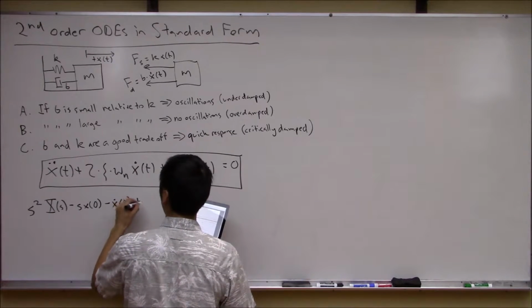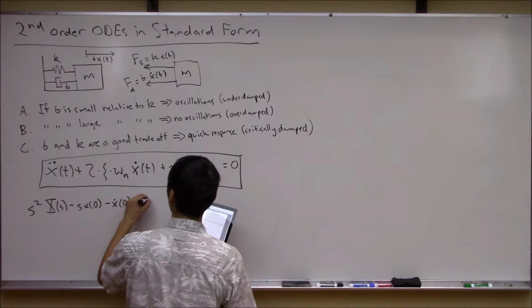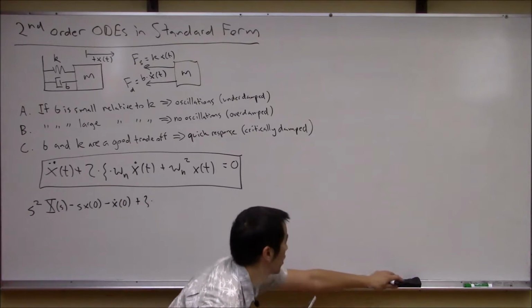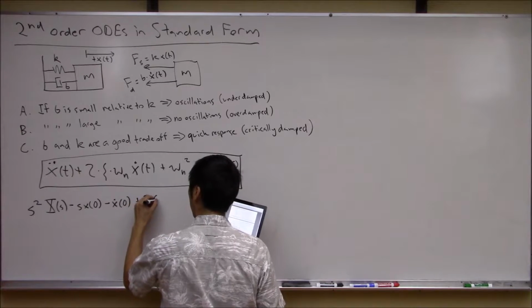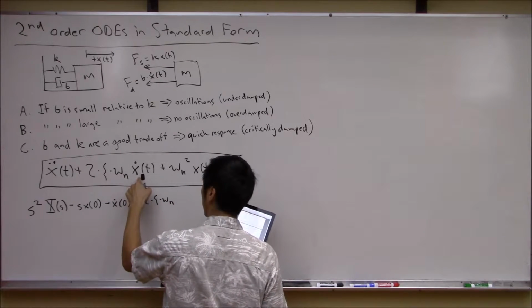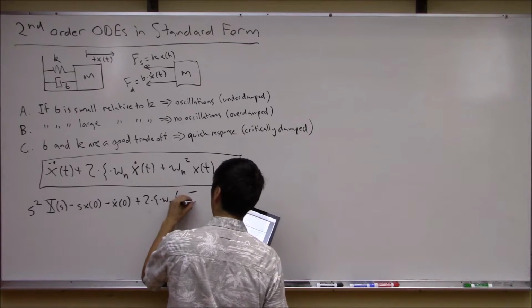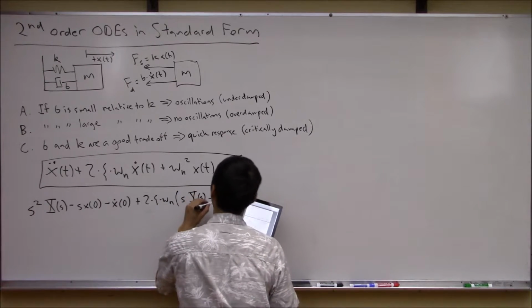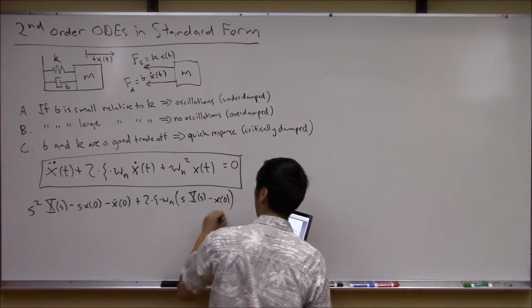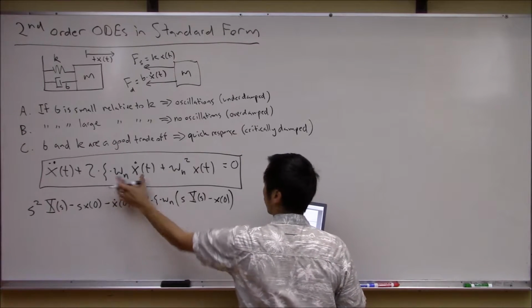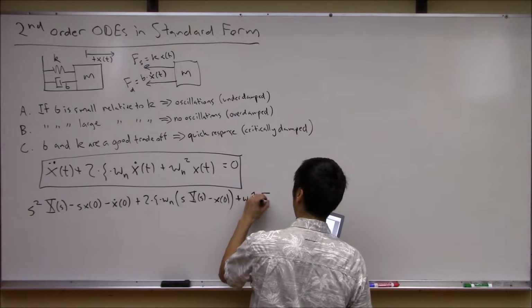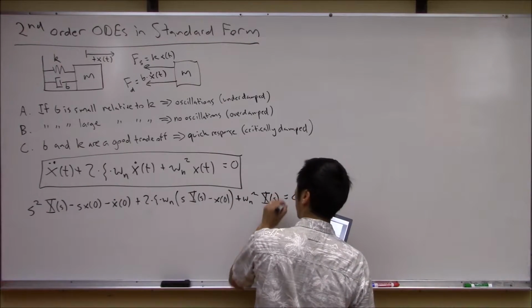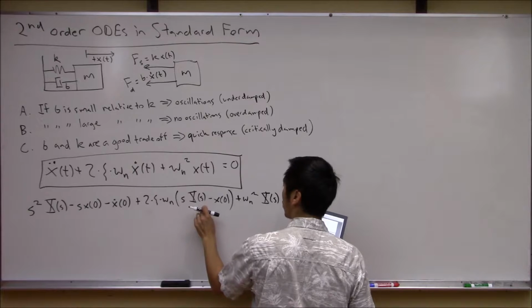Okay, this plus, okay, we got to do this 2 times zeta times omega n times Laplace transform of this guy, right? Again, that is s times x of s, right, minus the initial position of the block, right, in the time domain. That's this whole term. Now, finally, this one plus omega n squared, and then all we end up with is x of s is equal to 0. Great.